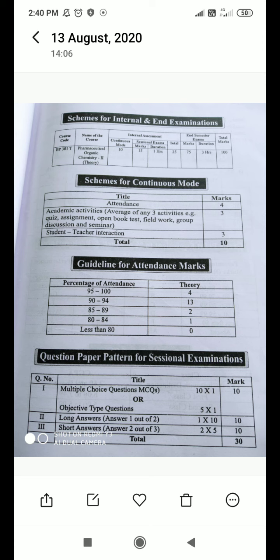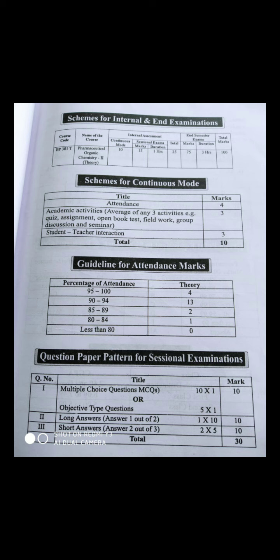Then the scheme for continuous mode: attendance 4 marks, then academic activities, the average of any 3 activities like quiz, competition, assignments, open book test, field work, group discussion, and seminar, for this 3 marks. Then student teacher interaction, for that 3. Attendance plus academic activity plus student teacher interaction becomes 10 marks total.